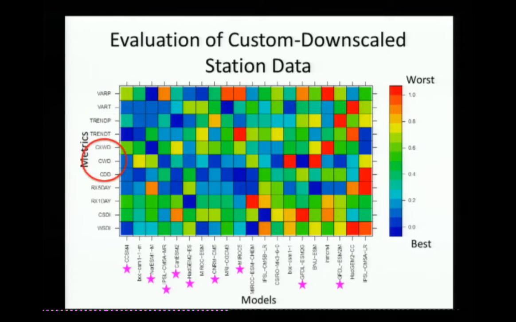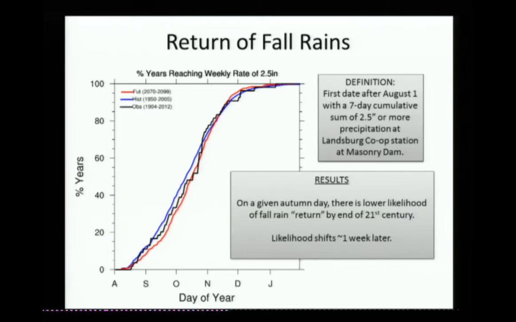This is consecutive dry days, consecutive wet days, or the maximum 5-day precipitation, maximum 1-day precipitation, and a cold spell and warm spell duration index. So these are all daily sequencing and serial correlation metrics that won't necessarily be bias corrected when the GCMs are downscaled. But what we found is that some of the same models that performed well in David Rupp's study also performed well looking at these metrics. So there's a lot of consistency here, which is nice.